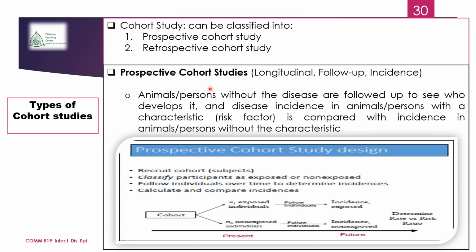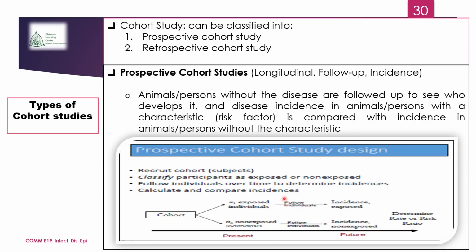Here persons without the disease are followed up to see who developed it at a later time. And disease incidence in persons with a characteristic risk factor is compared with incidence in persons without the characteristic factor.